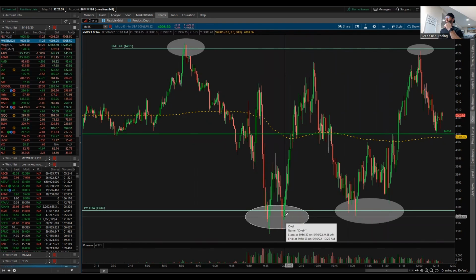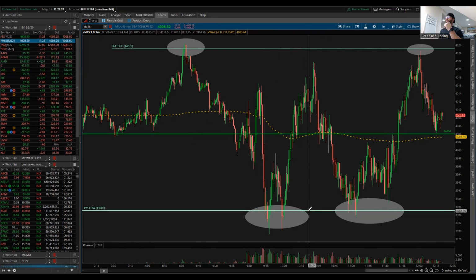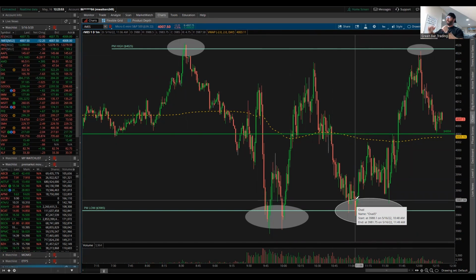If you get long at support, and for some reason the market is looking really weak, and we see an extended sell-off, and we actually break these levels and make a lower low, then that's going to negate this range, and at that point you're stair-stepping down.